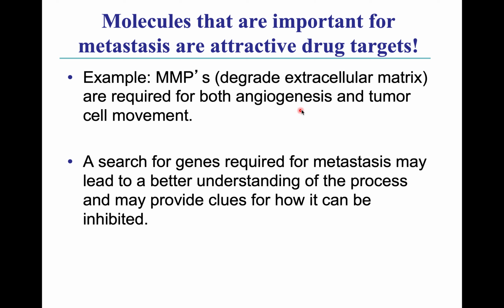So, anything that might inhibit those, right, might reduce the ability of cancer cells to be able to move, to be able to metastasize. So I think we're really just kind of at the beginning of this ongoing search for genes, for molecules that are important for metastasis. And the more we can understand this process, right, the better we're going to understand how that process might be able to be blocked and inhibited.